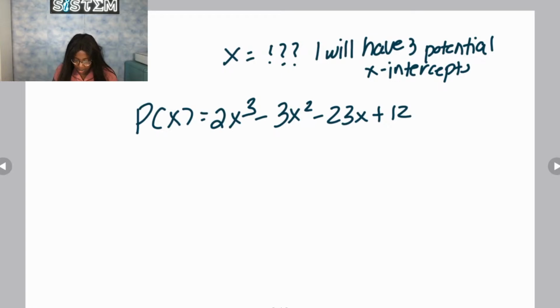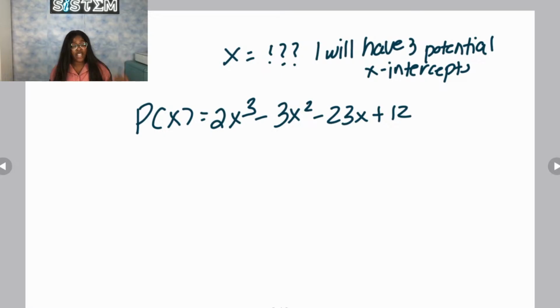I'm going to erase this so we have room. When you multiply that all out, a negative times negative is a negative, so you get -2x^3, minus 3x^2, plus 23x, plus 12.